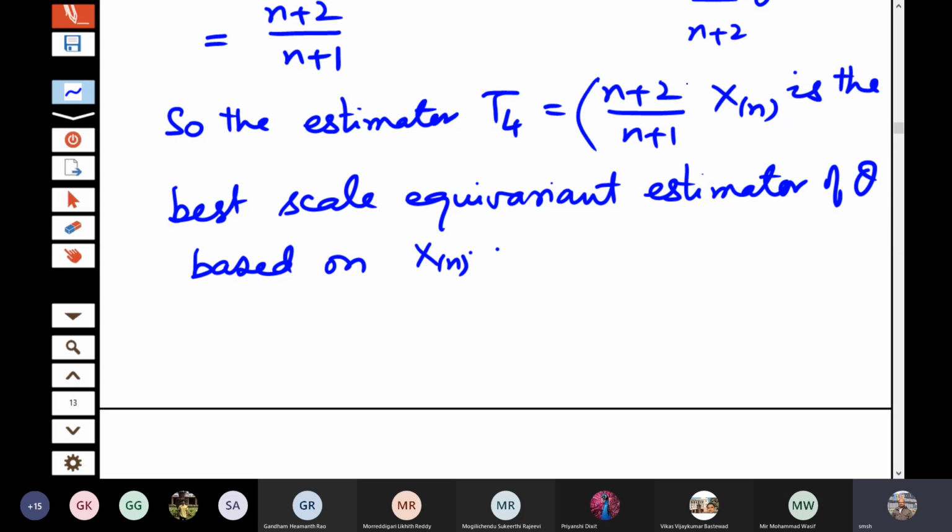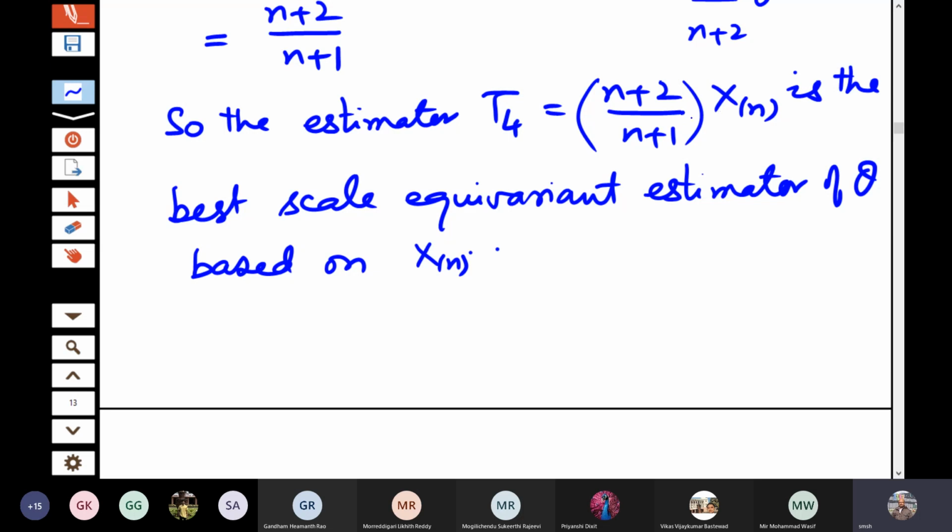This is actually what I wanted to convey from the beginning, that this concept sometimes leads to different and better estimators. When we did maximum likelihood estimation and the uniformly minimum variance unbiased estimator, we stopped at T2 and T3. But now we have got something different.